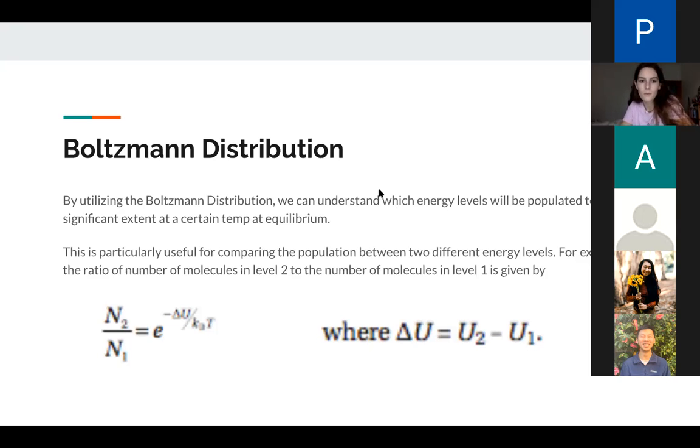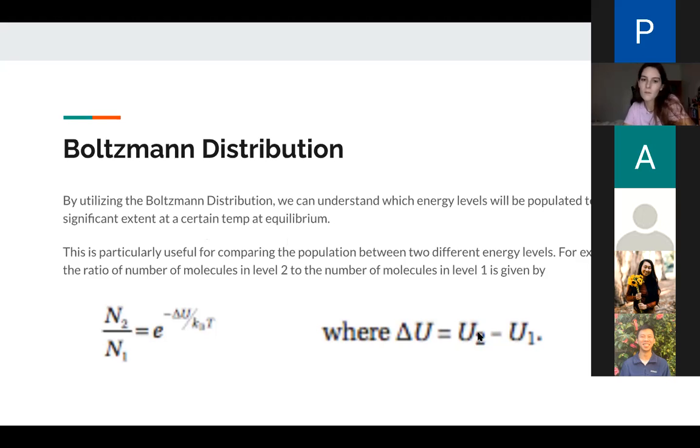So if we want to know the ratio of the number of molecules in level 2, N2, to the number of molecules in level 1, N1, we can use this formula, which is just taken by dividing the equation from the last page. And so N2 over N1 equals e to the negative delta U over kBT, and delta U in this situation corresponds to U2 minus U1.